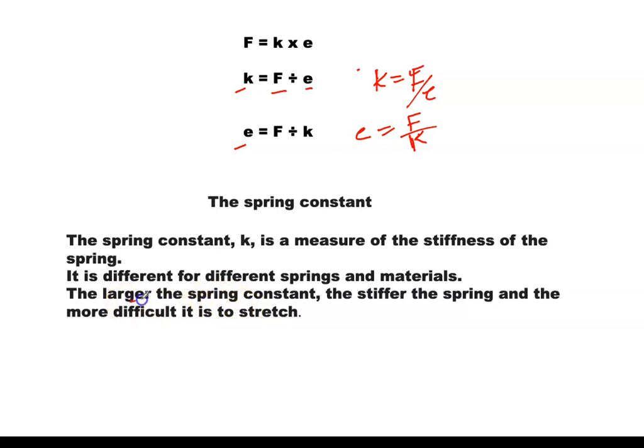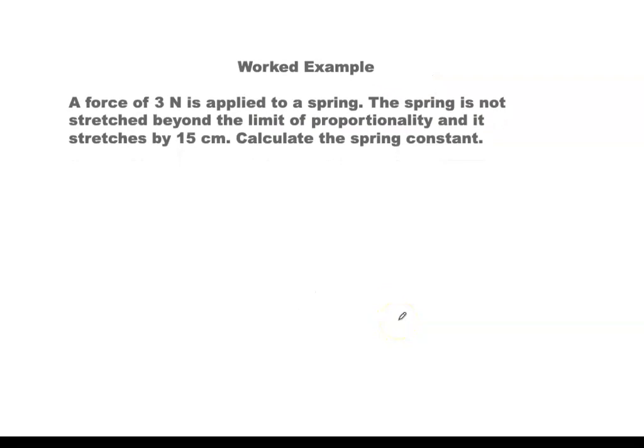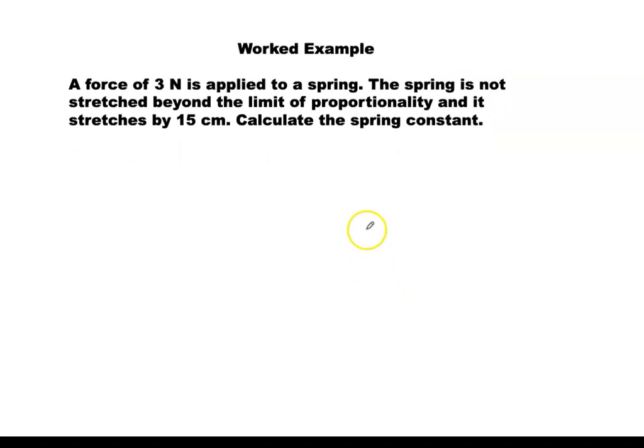The larger the spring constant, the stiffer the spring and the more difficult it is to stretch it. So it measures the stiffness of a particular spring. So let's see how we can apply Hooke's law to work out either the force or the extension in a spring. Remember, Hooke's law says F equals K E.